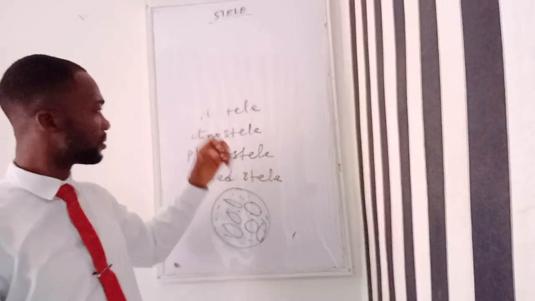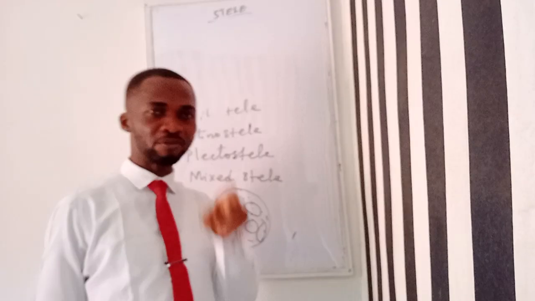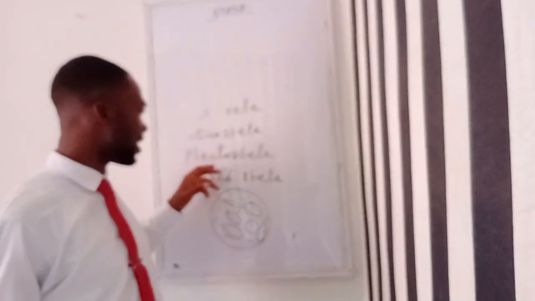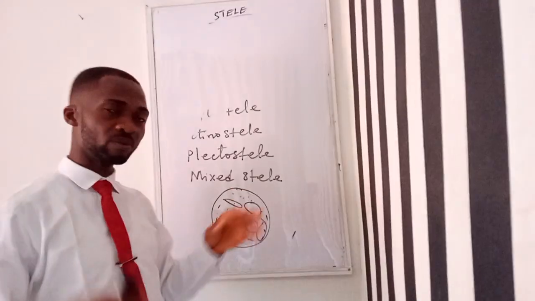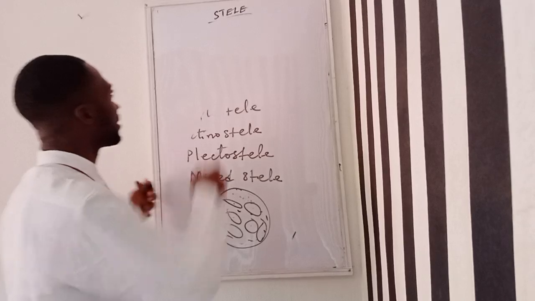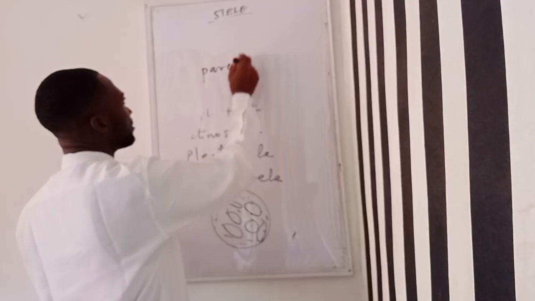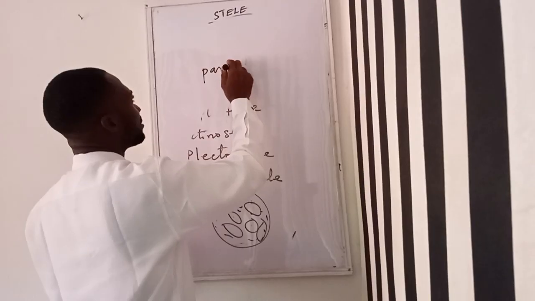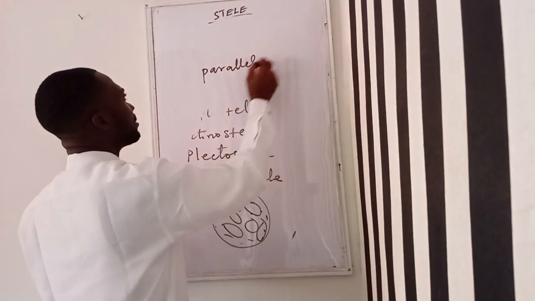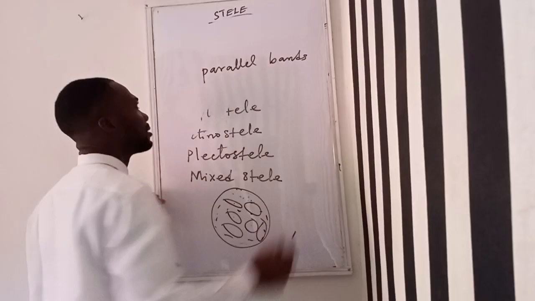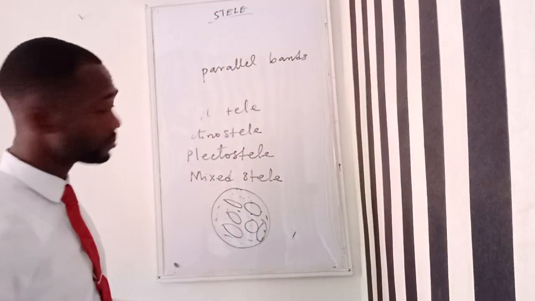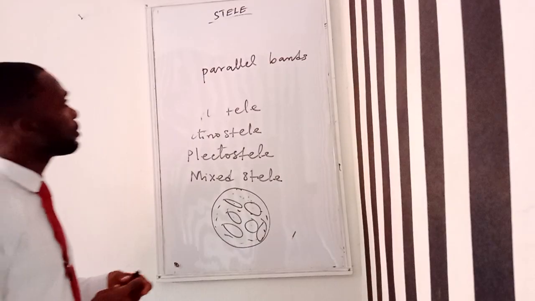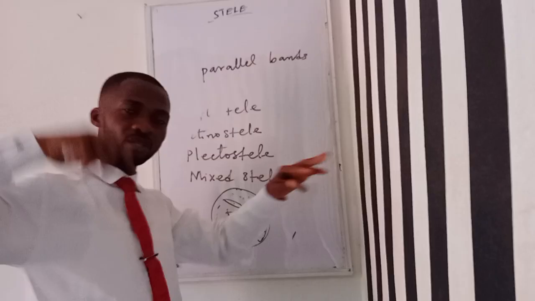Then in the case of plectostele, both the xylem and the phloem form irregular groups, and these irregular groups form parallel bands that alternate with each other.